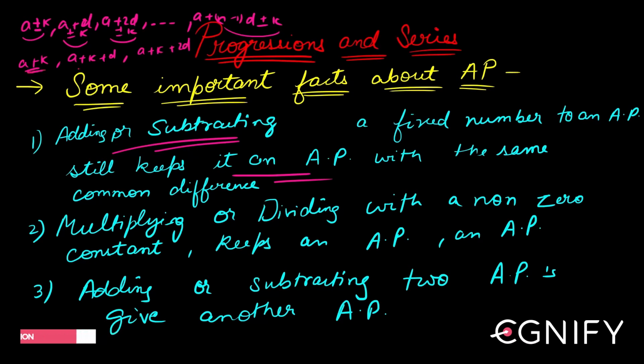Your common difference is still d, because when you subtract, the k gets cancelled. So the common difference remains the same, and the AP still remains an AP.